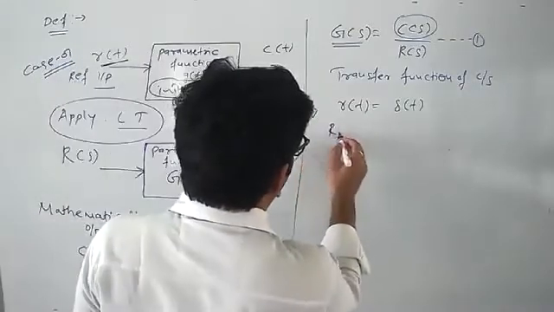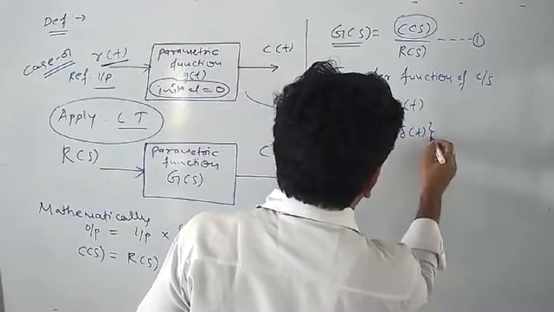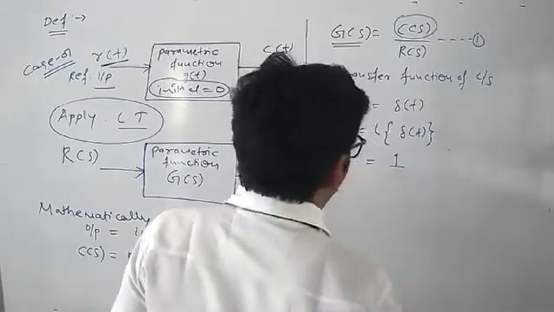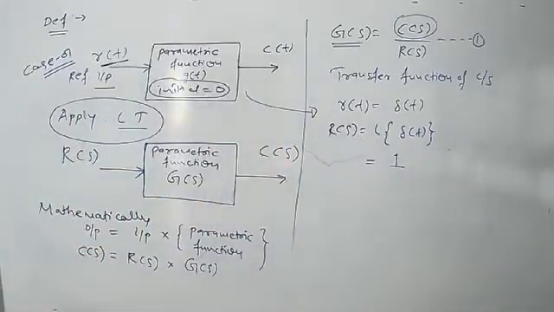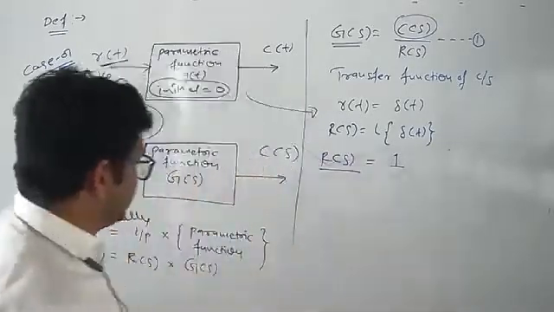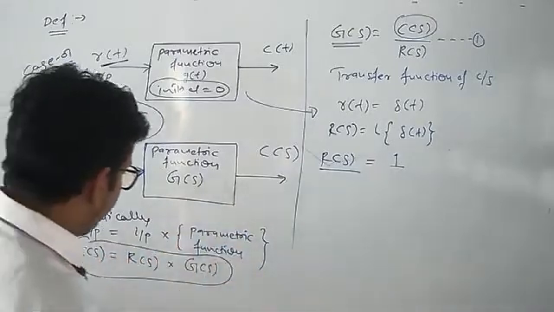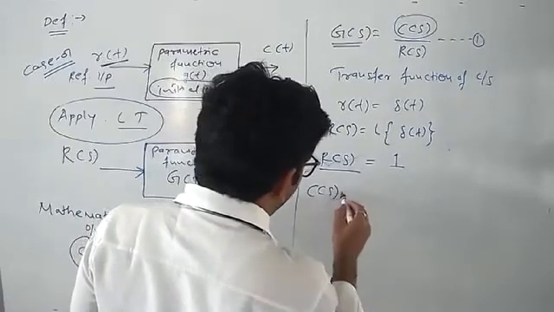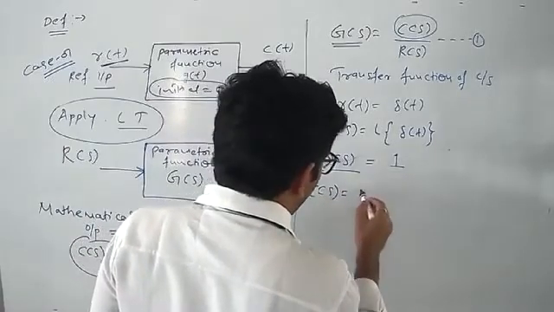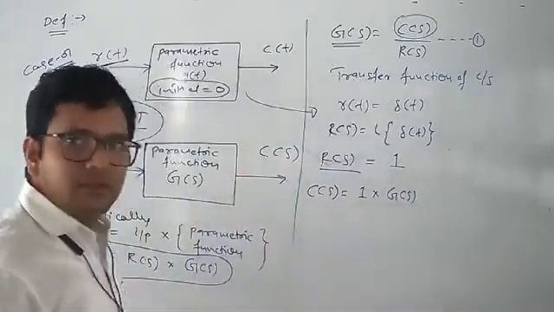We are going to get the value of r of s is nothing but Laplace transform of impulse, which is nothing but 1, because we know that Laplace of impulse input is nothing but 1. So if you put the value of r of s as 1 in this particular equation, what will we get? We will get c of s, which is nothing but r of s, and the value of r of s is nothing but 1 multiplied by g of s.